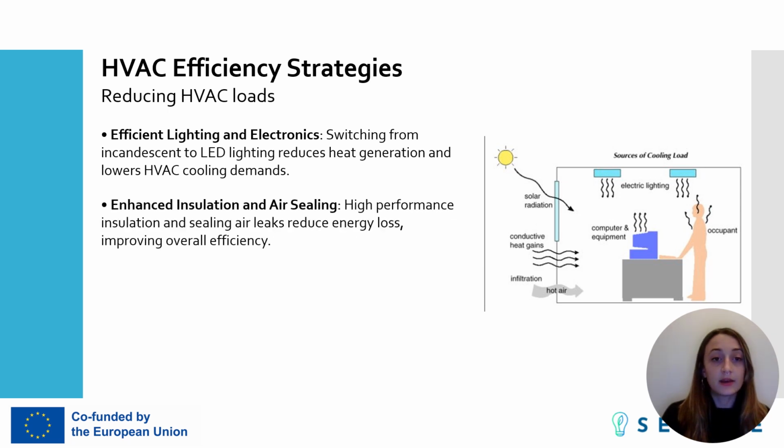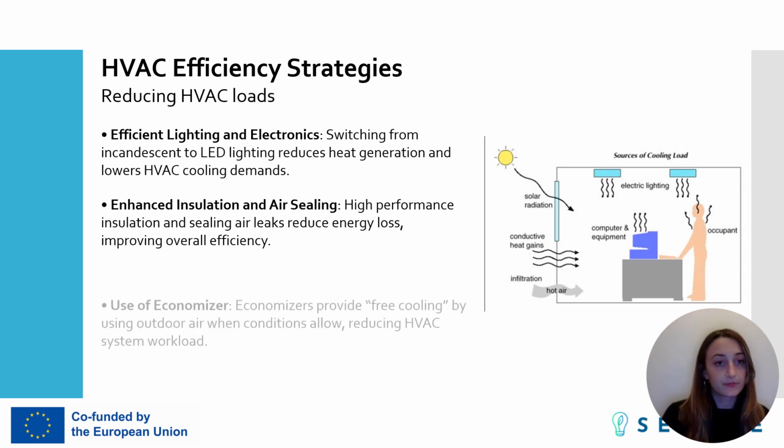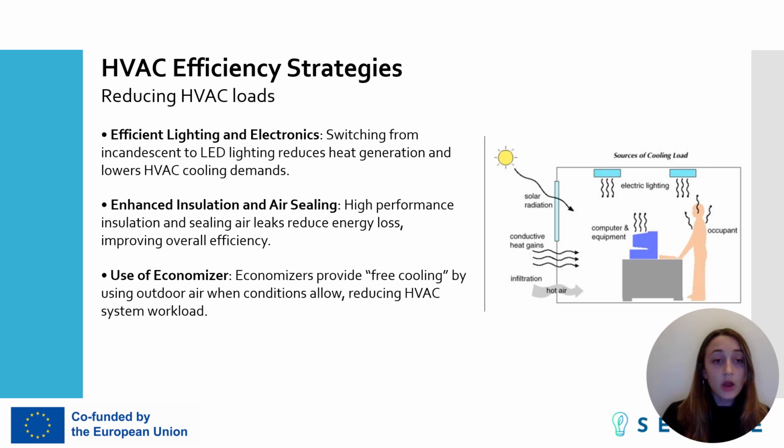Enhancing insulation and air sealing of the building at the same time can reduce energy losses, improving overall efficiency. The adoption of economizers can provide free cooling by using outdoor air when conditions allow, reducing HVAC system workload.